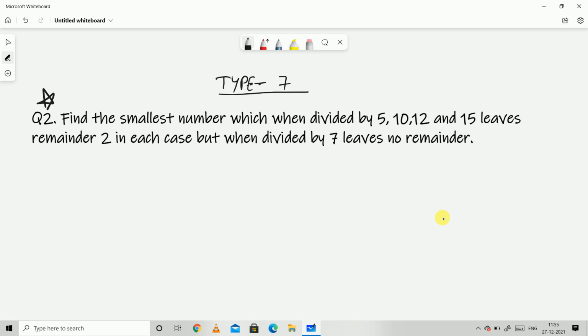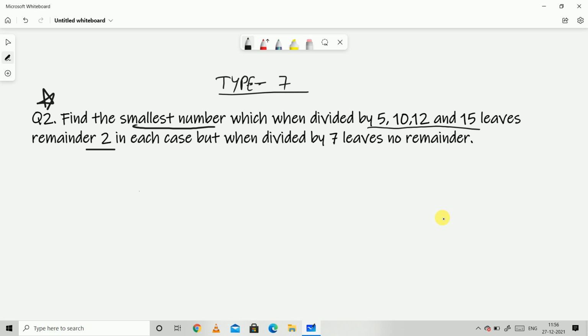Okay, but when divided by 7 it is leaving no remainder. So first of all you need to find the LCM, because it is talking about the smallest number. That clicks in our mind, it is asking about the LCM, and also when it is divided by these numbers it is leaving a remainder of 2.